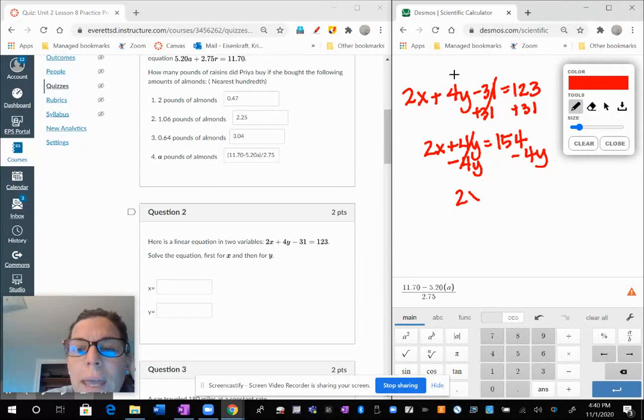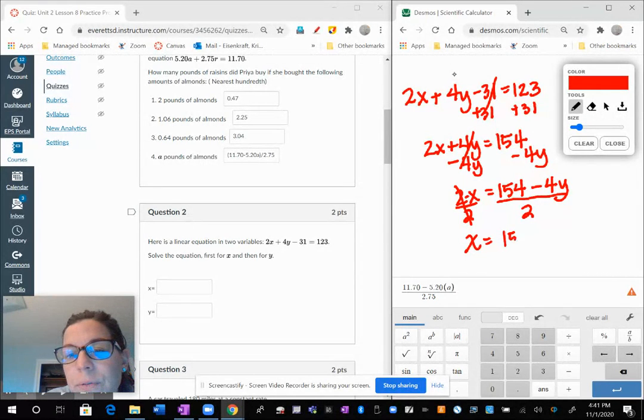So 2x is equal to 154 minus 4y. Those cannot go together. They are not like terms. And we're not accustomed to solving equations where this happens, but just leave it alone. Then we still need to get x alone, so the opposite of multiplying is dividing. You have to divide all of this by 2. Okay.